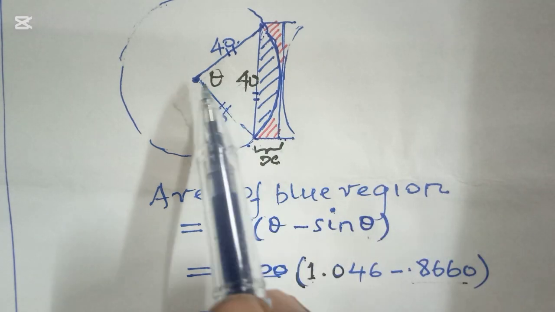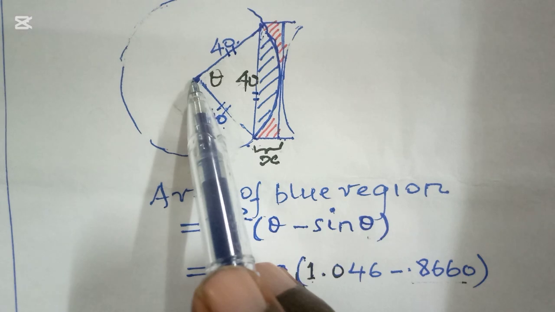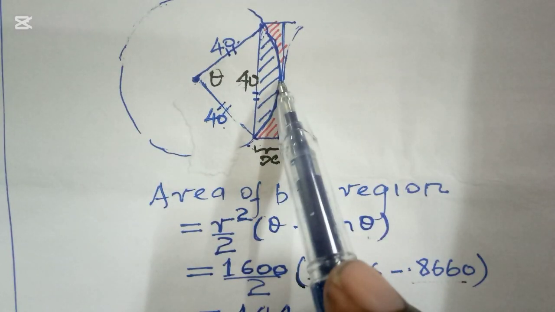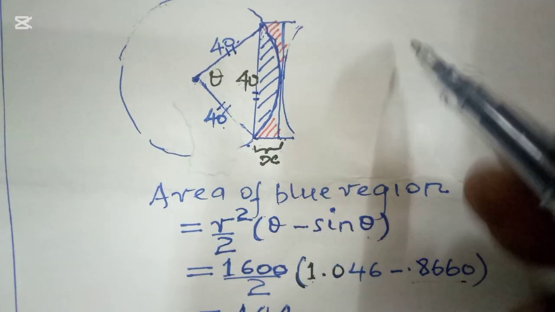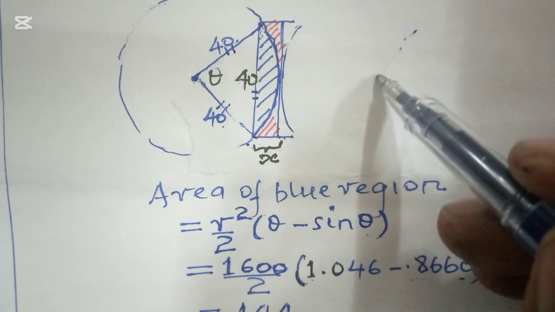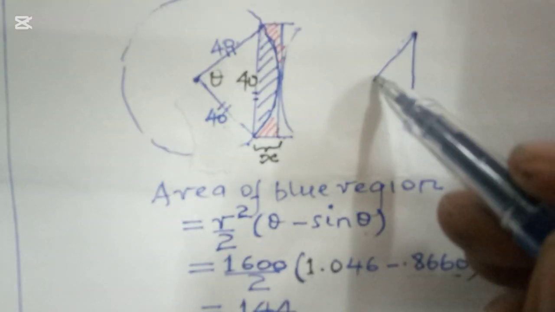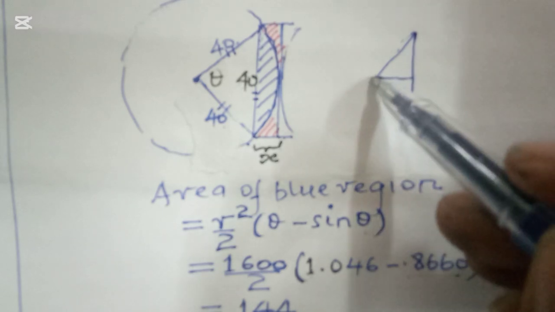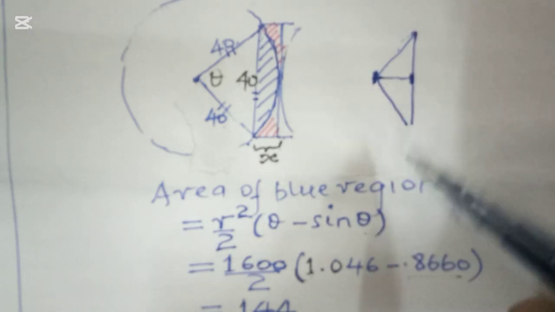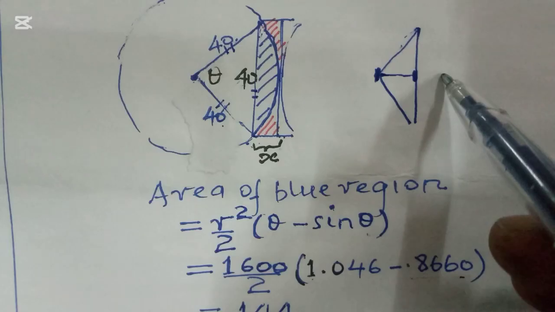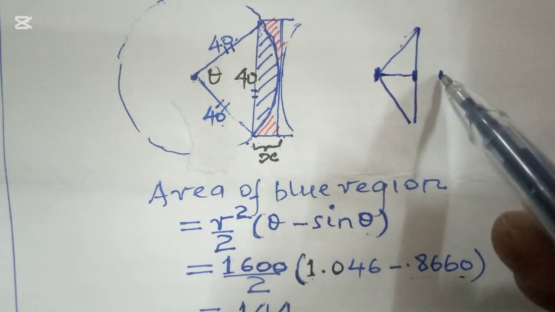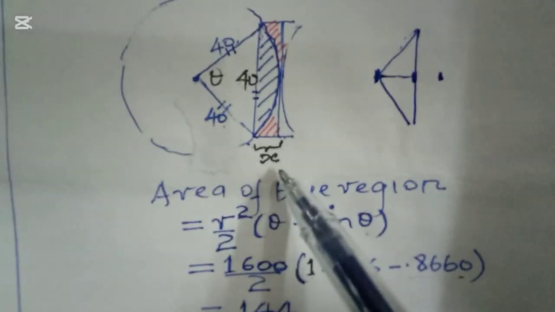We are going to find from this point up to the circumference, that is 40. And so we need to get the length, we call it the height of that triangle. If we can get the height, we shall now be able to get this distance from here to here, which we are calling x.